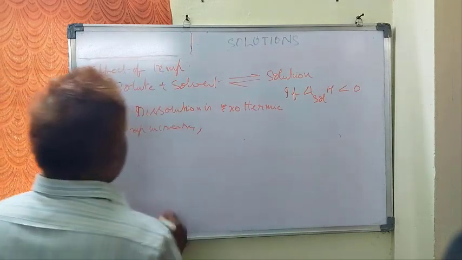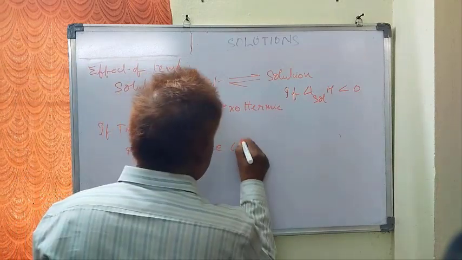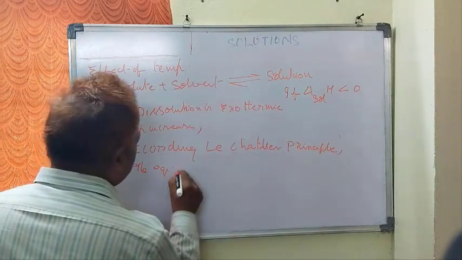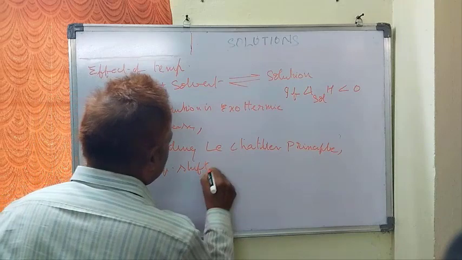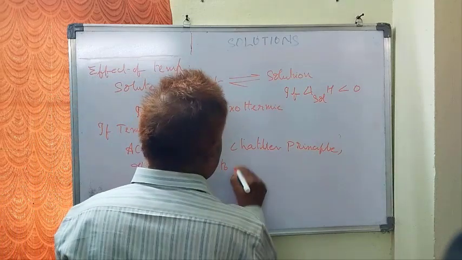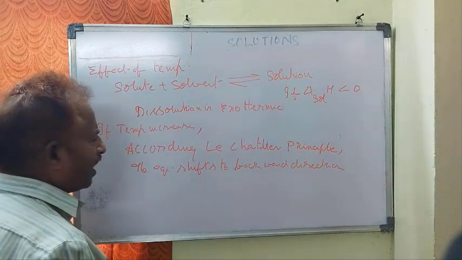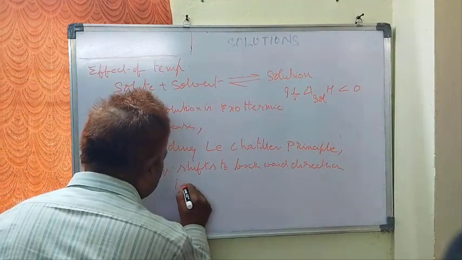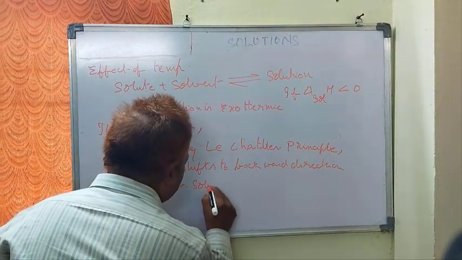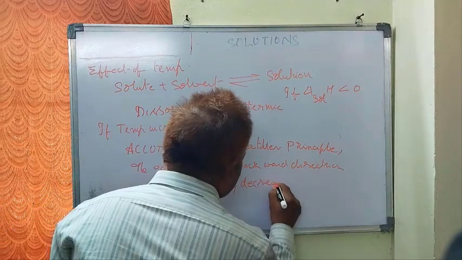So according to Le-Chatelier principle, equilibrium shifts to the backward direction, that is, solubility decreases.